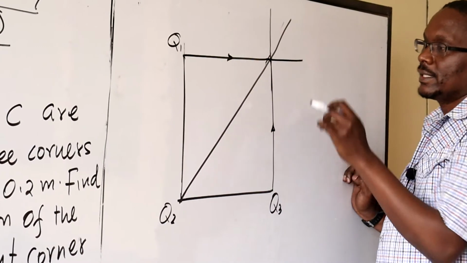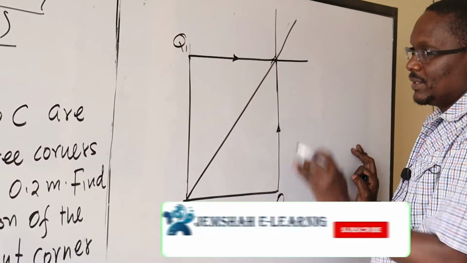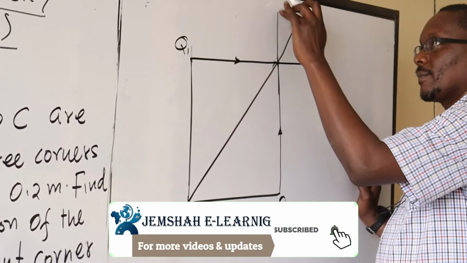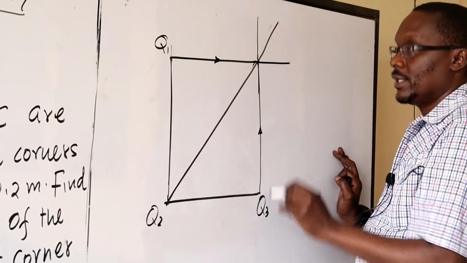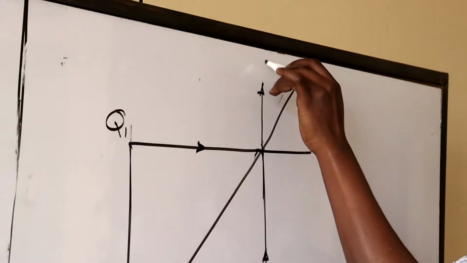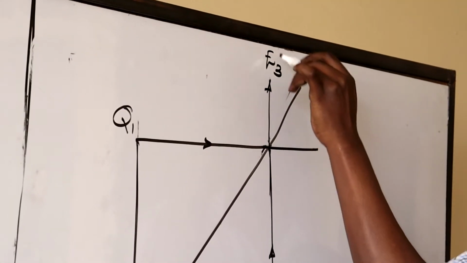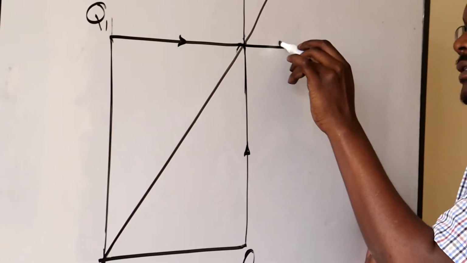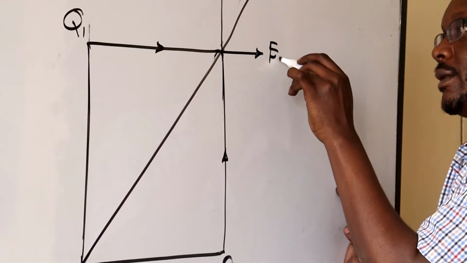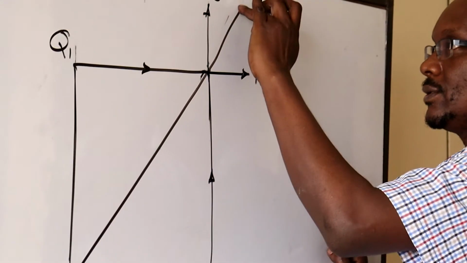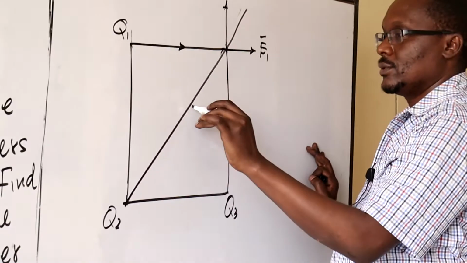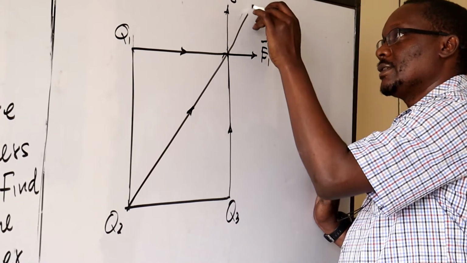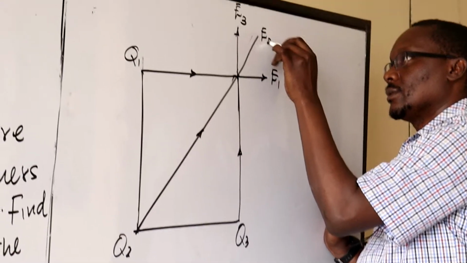Maybe say that, due to Q3, the electric field strength will be E3 bar. Due to Q1, the electric field strength will be E1 bar, and due to Q2, the electric field strength will be E2 bar.